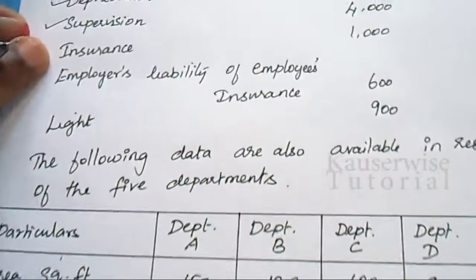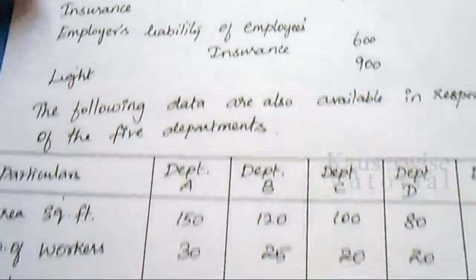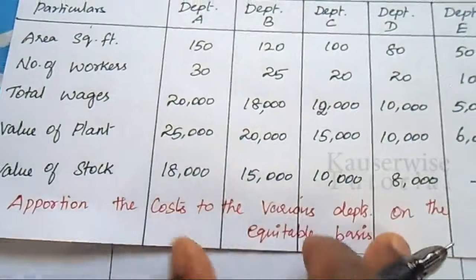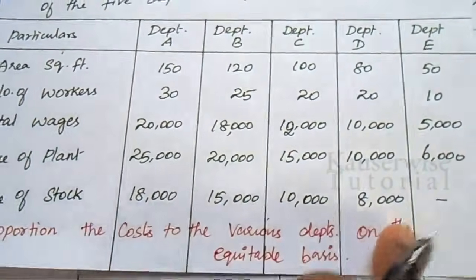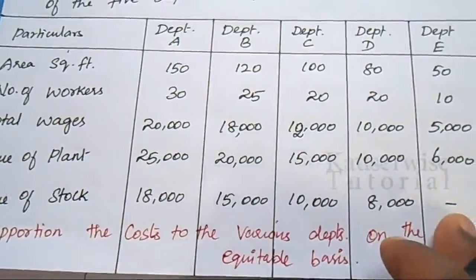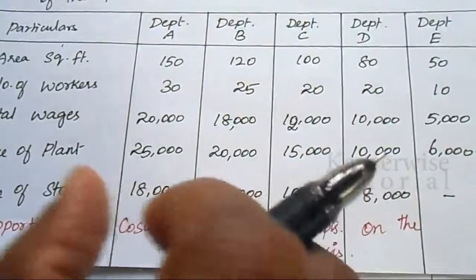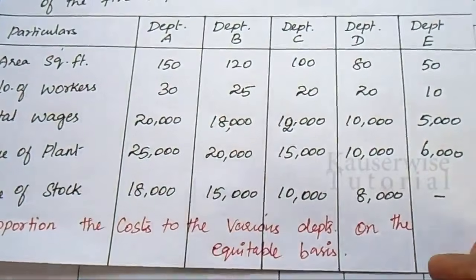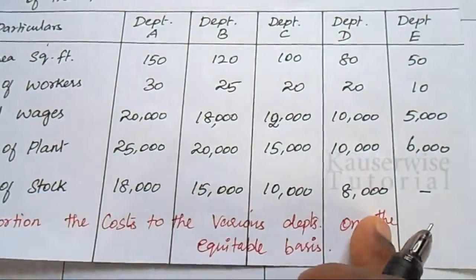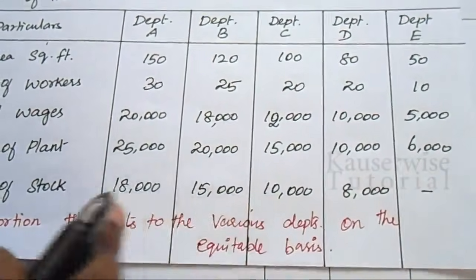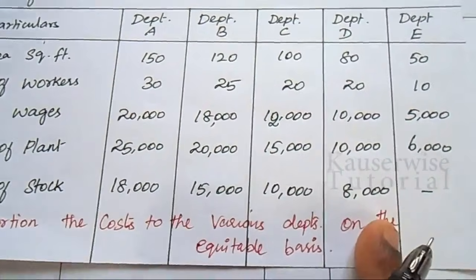Based on this, you can divide the expense to different departments. This is not applicable for the service department, because the value of stock is there only in the 4 production departments. So you can apportion this expense only to the 4 production departments.